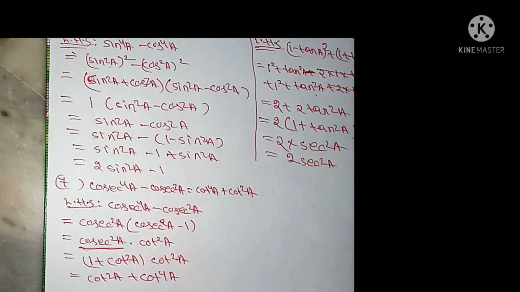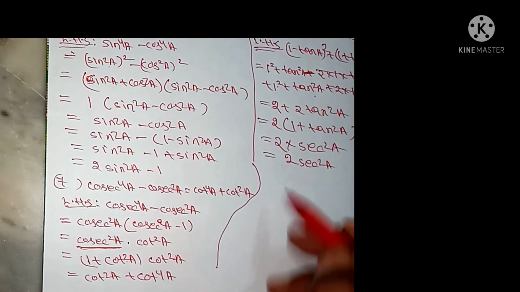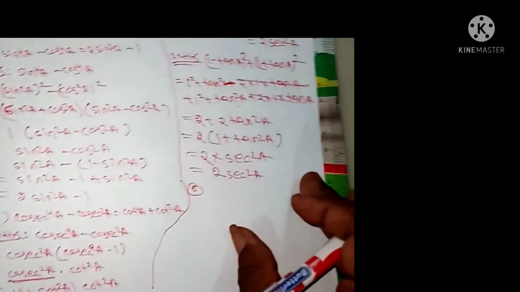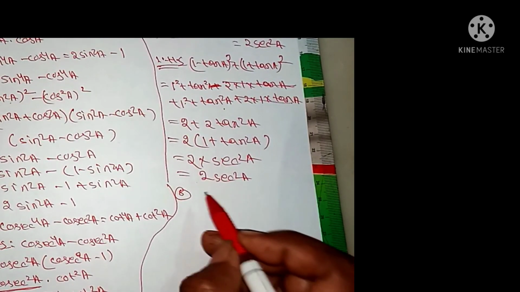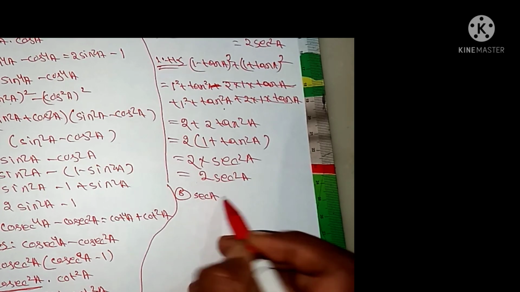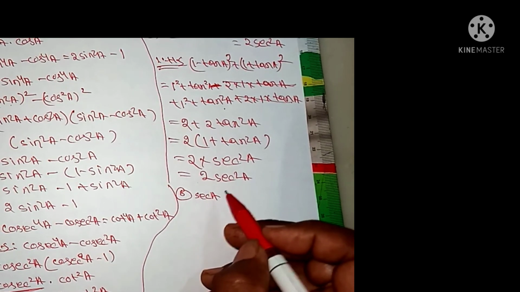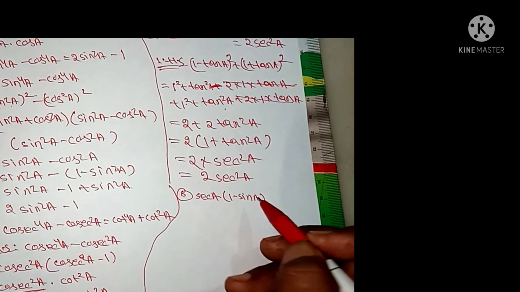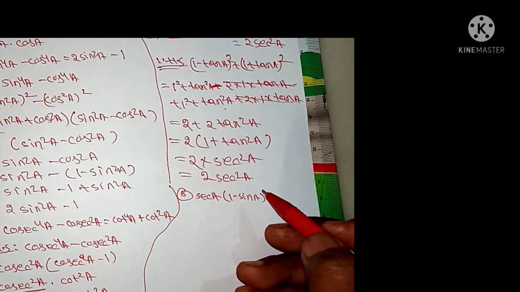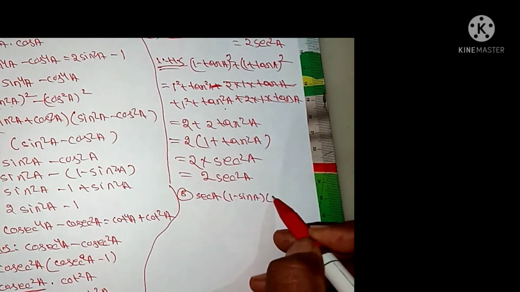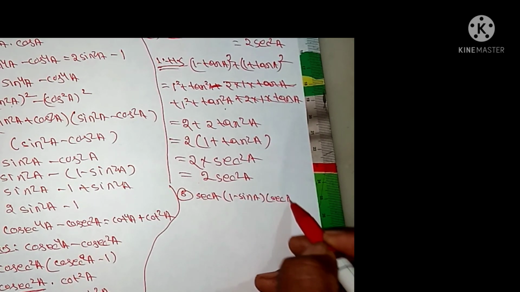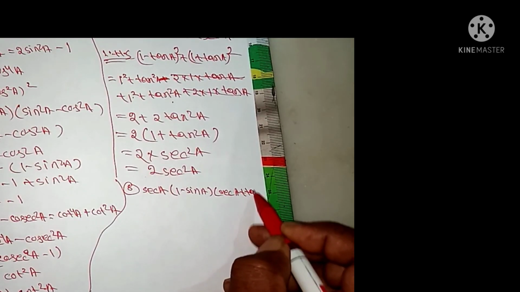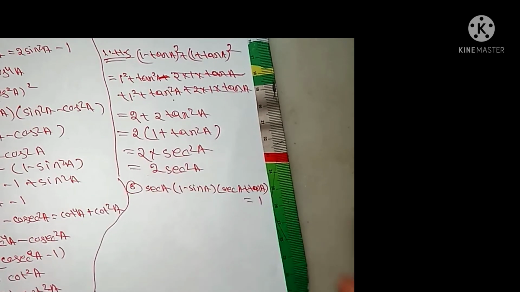Number 8, sec a whole into 1 minus sin a whole into sec a plus tan a equal to 1.